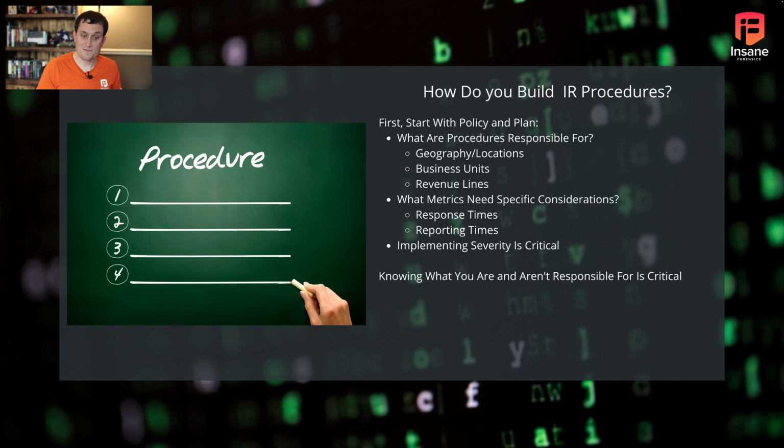So when you start building incident response procedures, you have to start with that policy and plan. The big question is, what are those procedures actually responsible for? What geography, what locations are you responsible for? What business units?